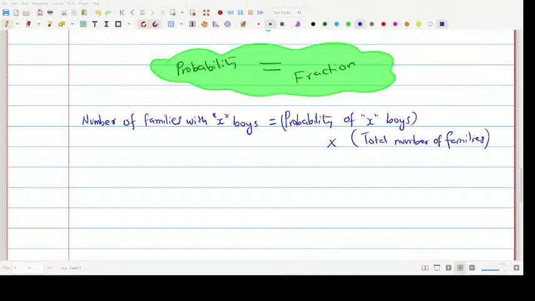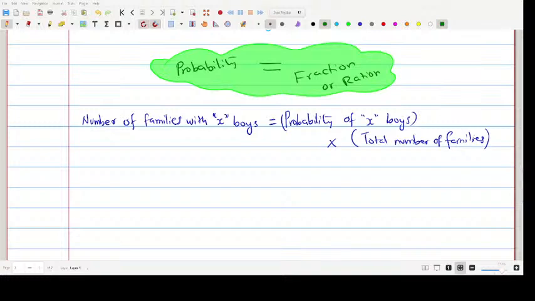We can write this definition because the probability is a fraction or ratio of the entire population of families, the number of families having X number of boys. So once we multiply this probability with the total number, we will get the number of families. Now, once we are here, we are totally good to go.